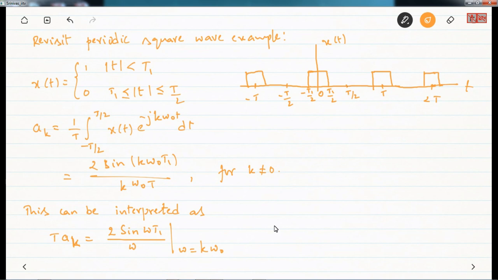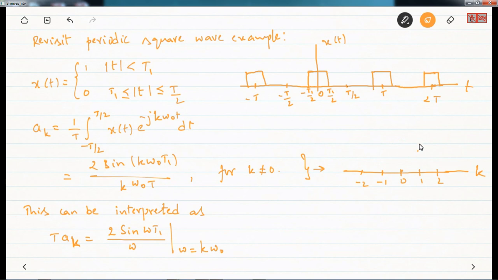That means previously what we had was, this is the index k: k equal to 0, k equal to 1, k equal to 2, k equal to -1, k equal to -2.